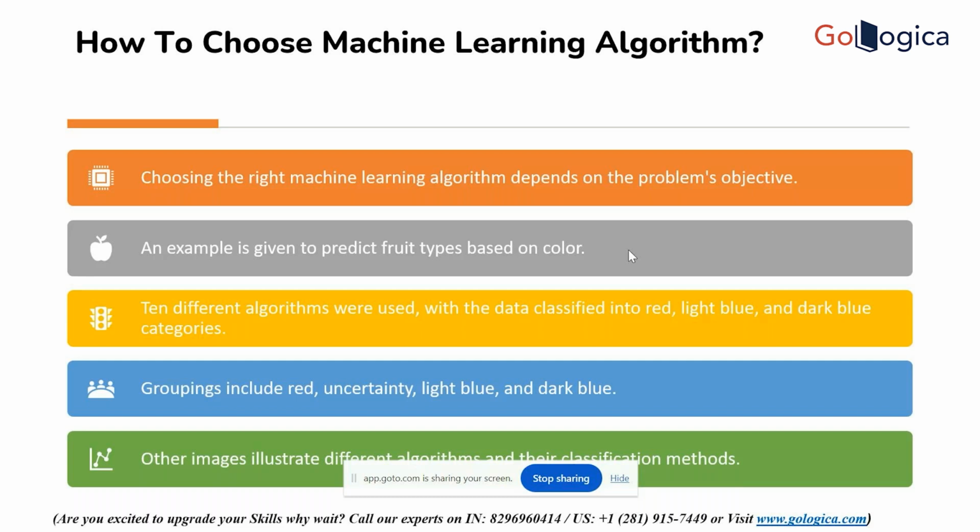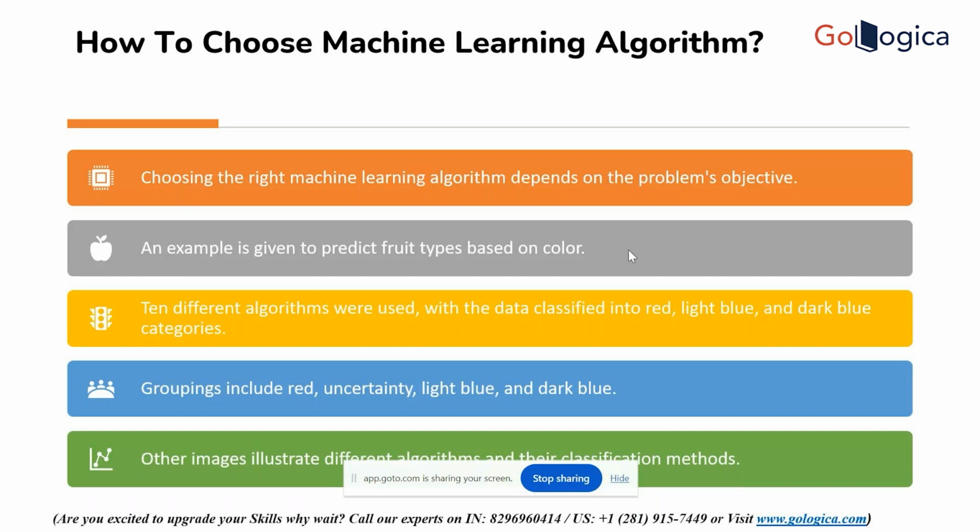The predictions are based on the color of the fruit. Imagine a picture that depicts the results of 10 different algorithms. Consider there is a picture on the top left, and it is called a data set. The data is classified into three categories. Imagine any three colors like red, light blue, and dark blue, and there are some groupings.